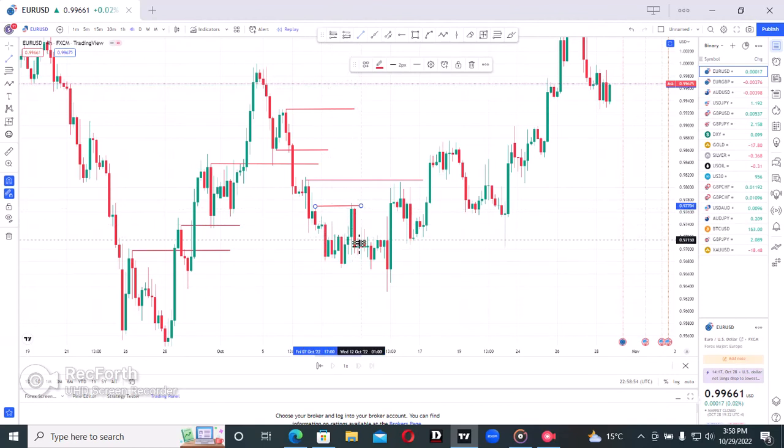So we break, we retrace, and then you look for the sell position on the lower time frame chart, and then you use the risk and reward ratio that you prefer. So this is going to be my support. So this market, false breakout.